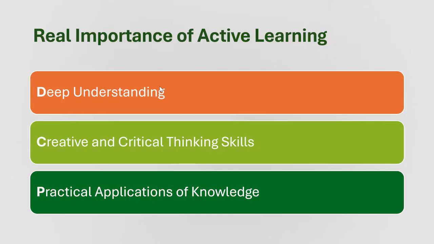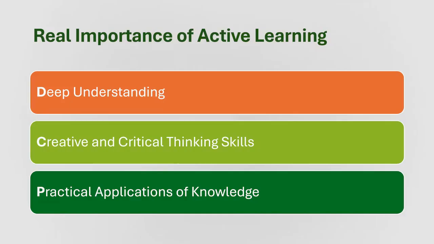Now, real importance of active learning. It has got deep understanding. We understand the topic very effectively, very clearly. And then creative and critical thinking skills. It develops creative and critical thinking skills.